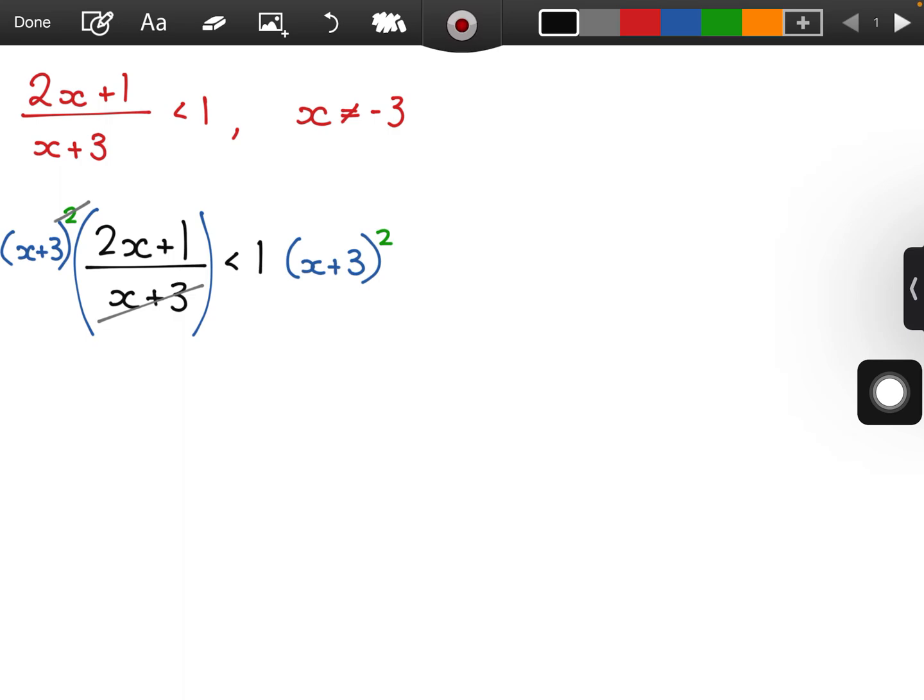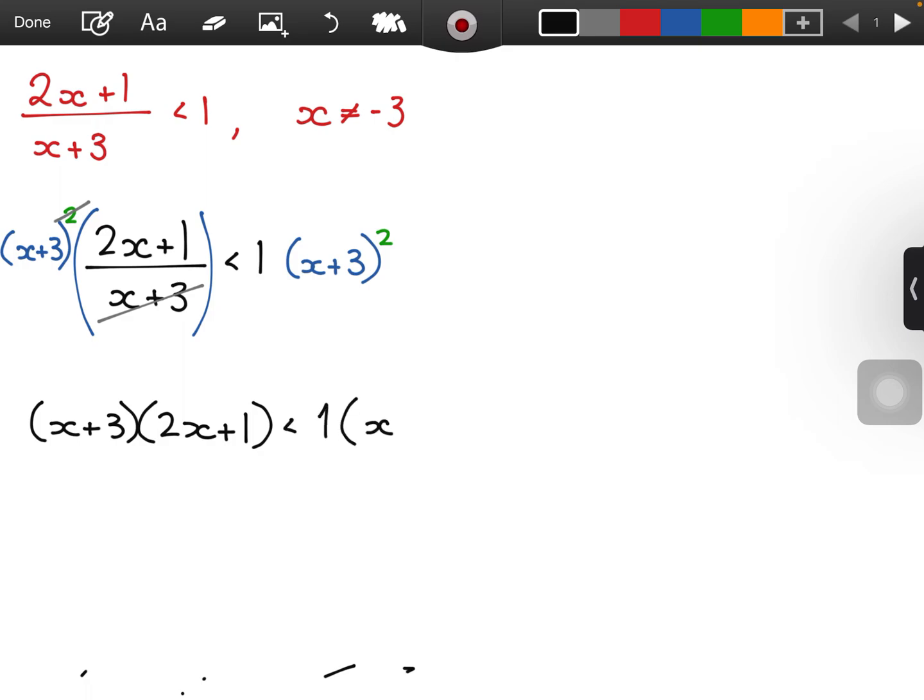So on my next line, I will be left with x plus 3 times 2x plus 1, and that is less than 1 times x squared plus 6x plus 9. That's just doing out the squared from here.